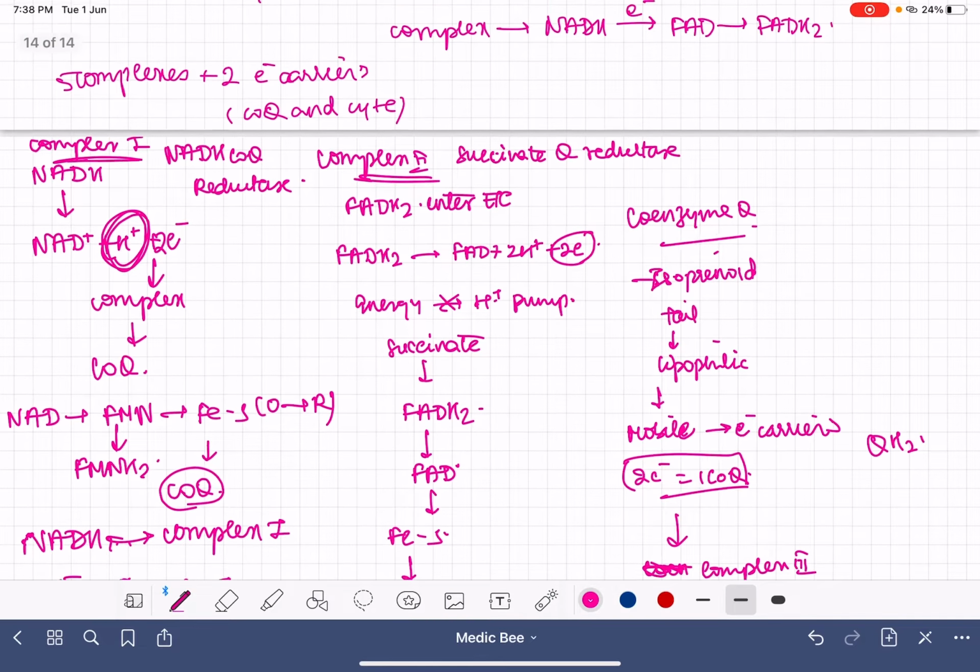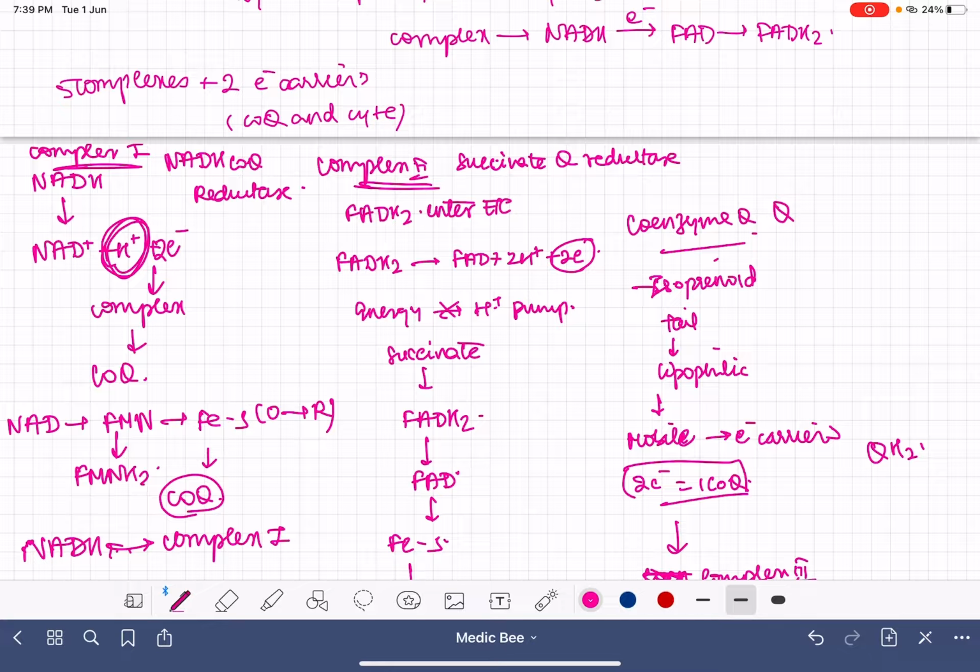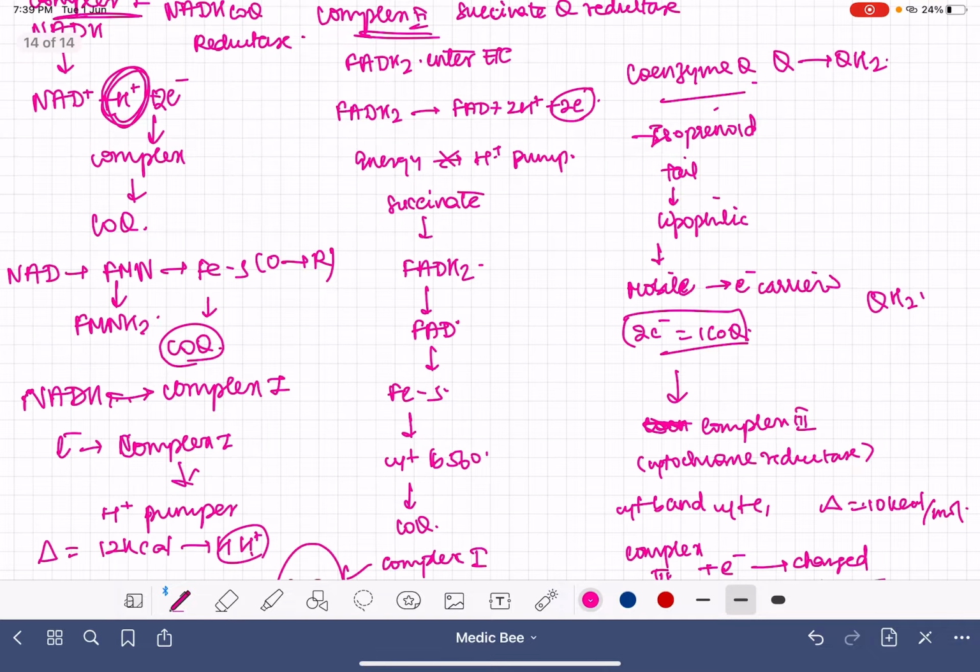Coenzyme Q, originally just called Q, after getting reduced will be called QH2, and now this QH2 will transfer the electrons to complex 3 through iron sulfur complexes, cytochrome B, cytochrome C1, and finally to cytochrome C.